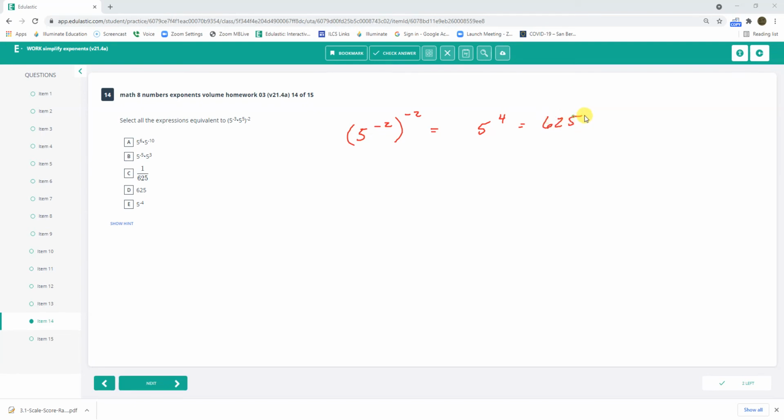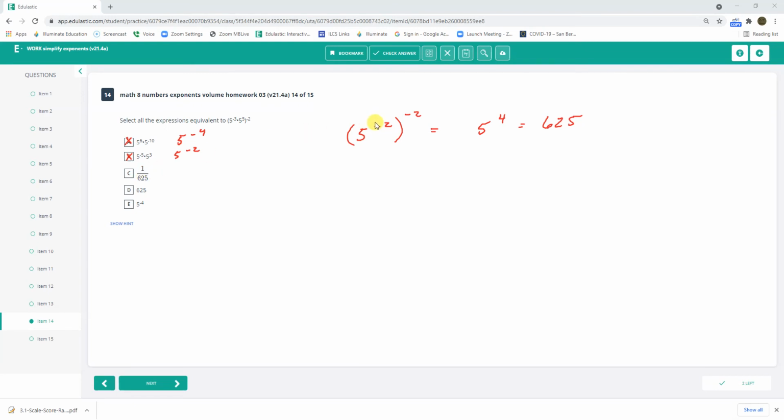So we know all those are equivalent. What is this? This would be 5 to the 6 minus 10, which is 5 to the negative 4, which I don't have anywhere, so that's not it. This would be 5 to the negative 2, which I'm not showing anywhere, so it's not that one. 1 over 625.